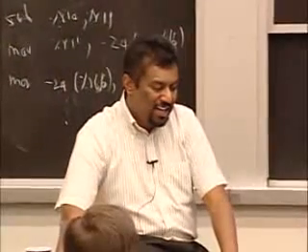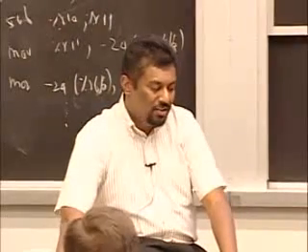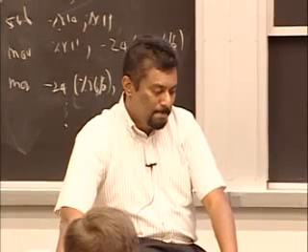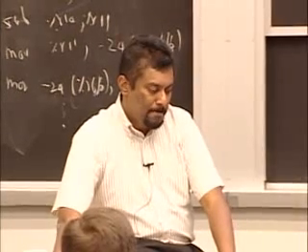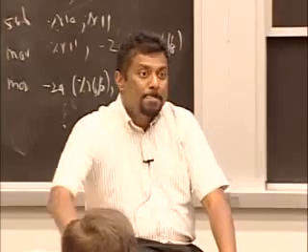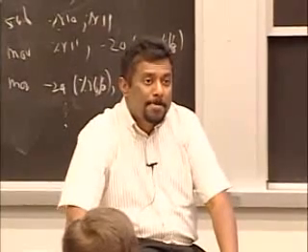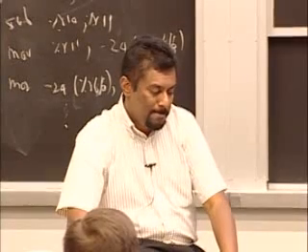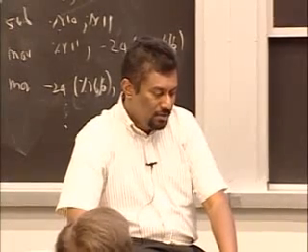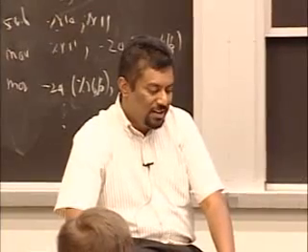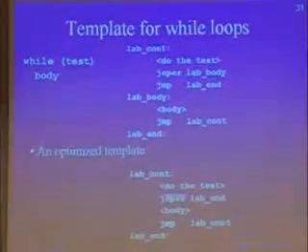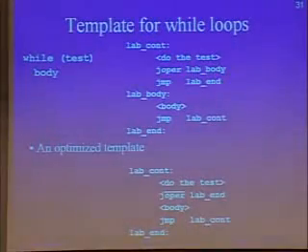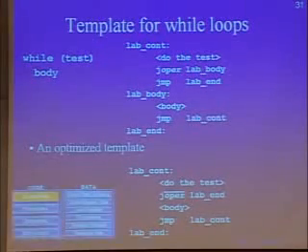Can I create tighter code in here? So something like this. You can do a test, basically, and a negative operation jump to the end. So you can play with all these templates and try to find a nice, cool template. And now we go to control flow.